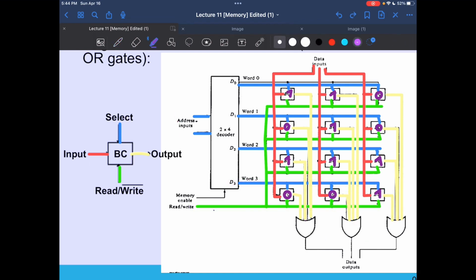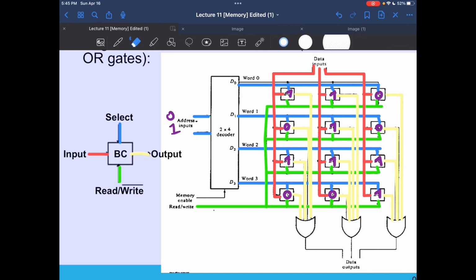Let's try to write something. If we want to write, we have to select the write operation and also select the address input of the word we want to write on. Suppose we want to write to word number 1. So we have to give the address input for word number 1, which is 0, 1.